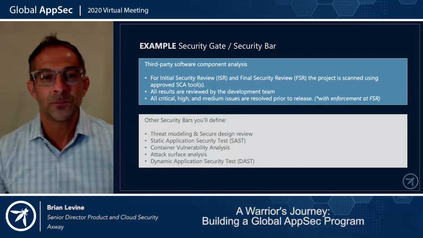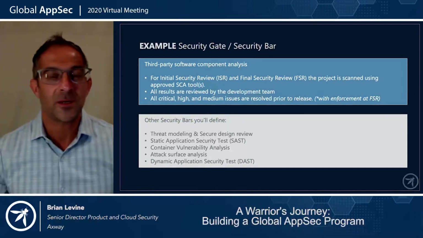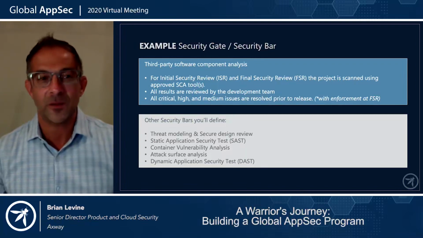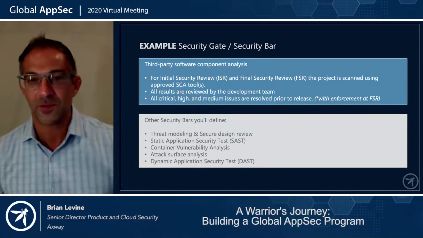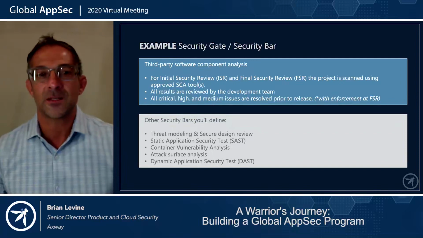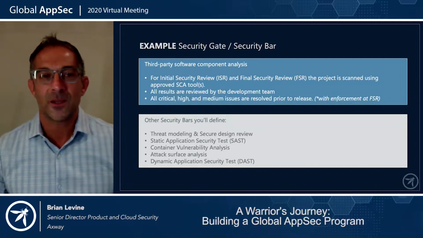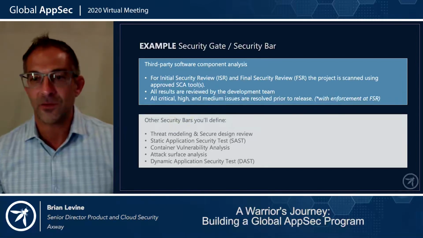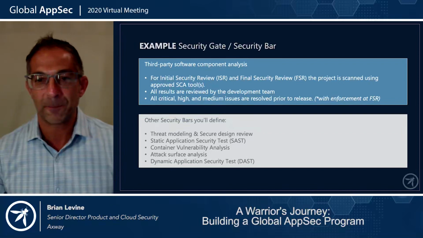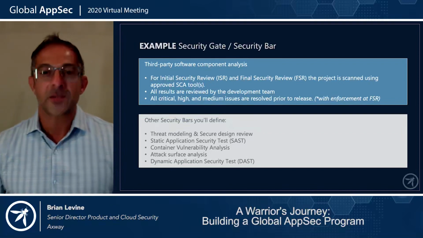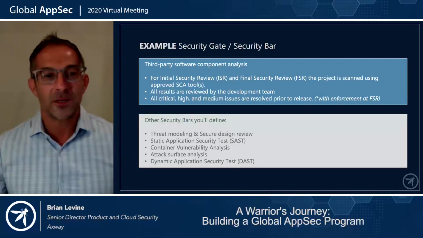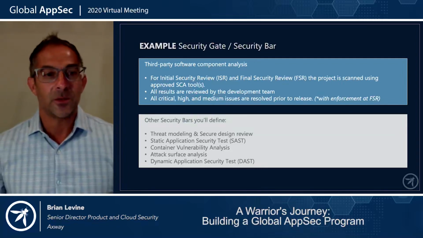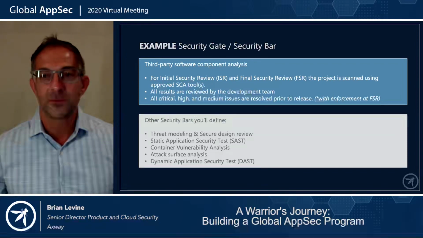Again, it doesn't have to be extremely verbose, just something clear, concrete, and measurable. You can put it in writing to the development team. They can see exactly what the requirement is, they know how to measure it, and they know how to tell if they've achieved and passed the security bar. In practice, you'll follow a pattern like this for the other security gates or bars you need for your environment.